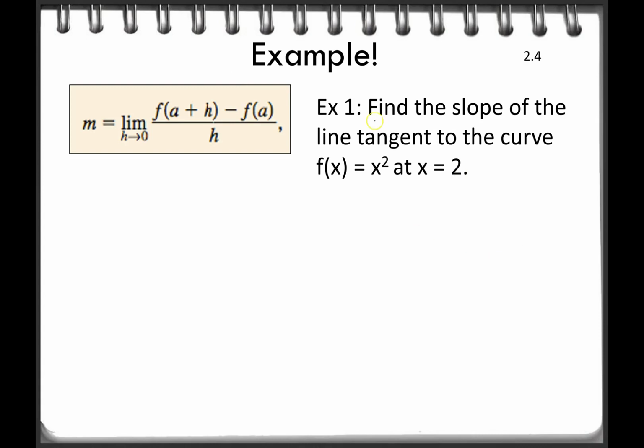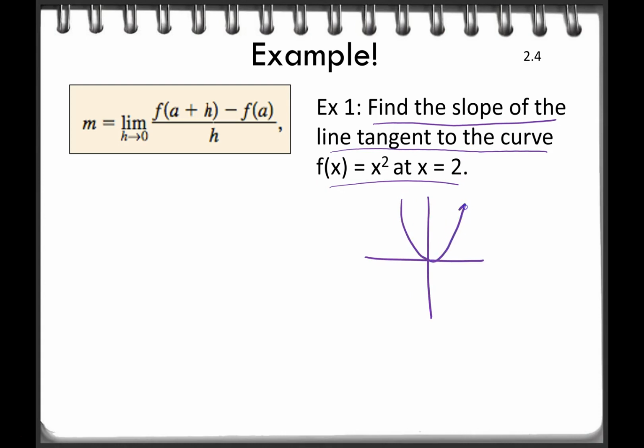So we want to find the slope of the line tangent to the curve x squared at x equals 2. So it's literally saying I've got my x squared graph. It wants to know at the value of 2, what is the slope of my tangent line? And same thing that we were talking about earlier. So slope equals what for that green?